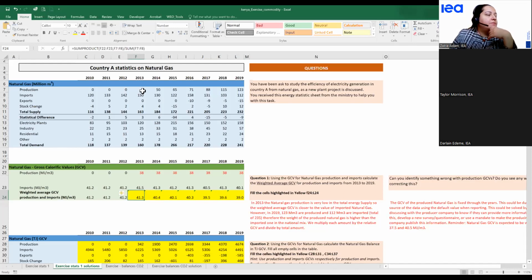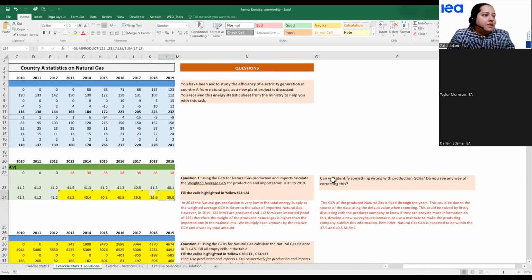This is because you have very little production compared to imports, so it's normal that your weighted average would be closer to the imports. But if you look at 2019, the amounts are more or less the same. So your calorific value is in between your calorific value for production and imports, which is good as it's weighted.